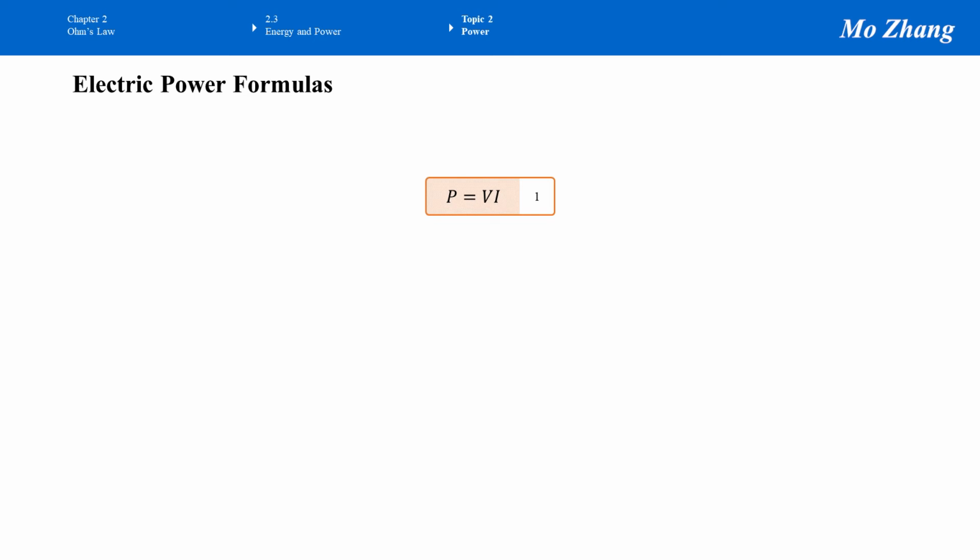The definition P equals V times I is the primary formula. Let's put that here, and then let's get two more formulas.